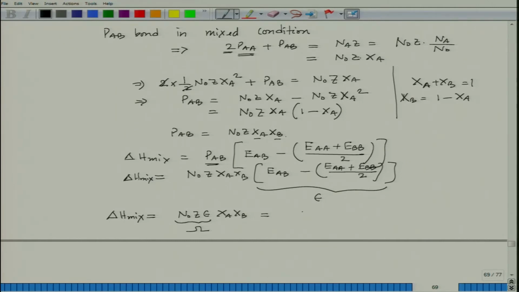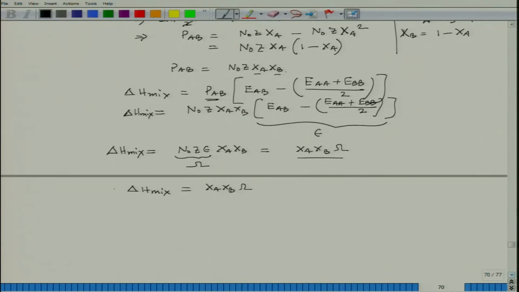So, I can write it as X_A X_B omega. So, the final expression in terms of omega becomes X_A X_B omega. This is my final expression.